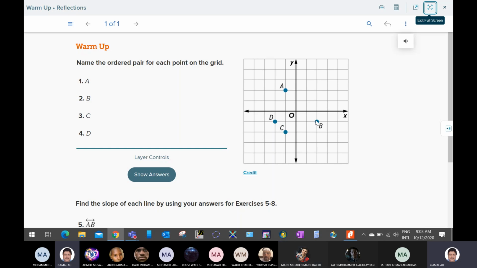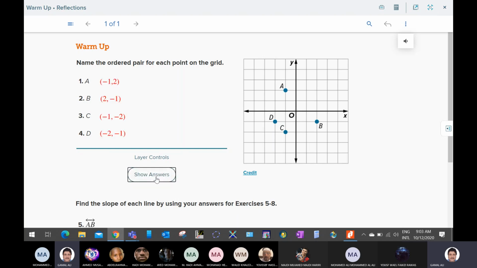Muhammad Ali, point C: x negative 1, y negative 2. Negative 1 and negative 2. Point D, Yusuf Wael: negative 2 and negative 1.